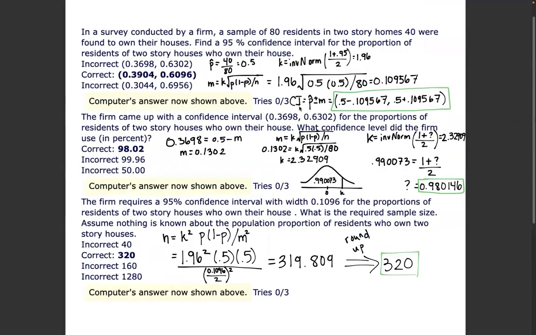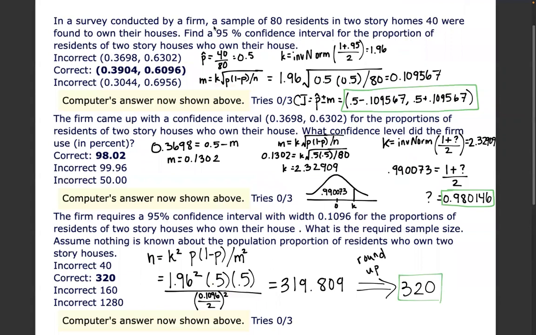Right. In a survey conducted by a firm, in a sample of 80 residents in two-story homes, 40 were found to own their houses.